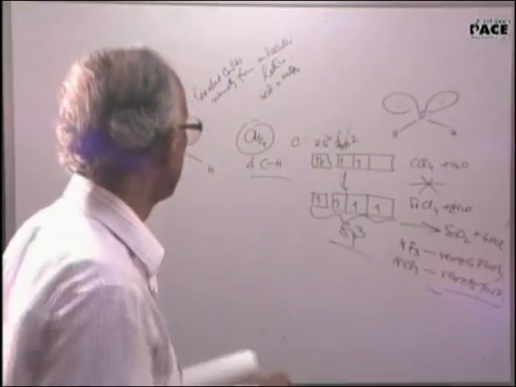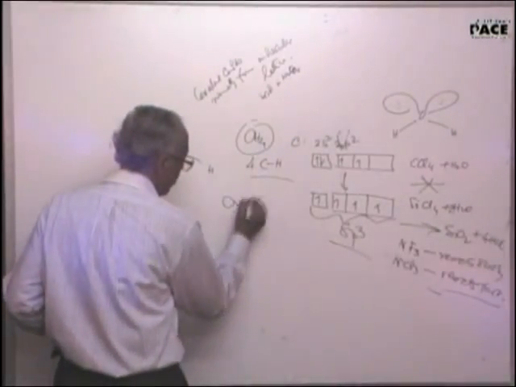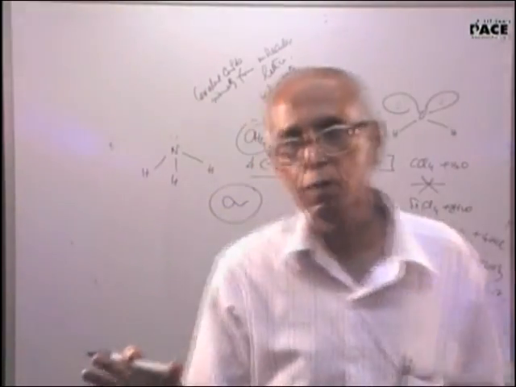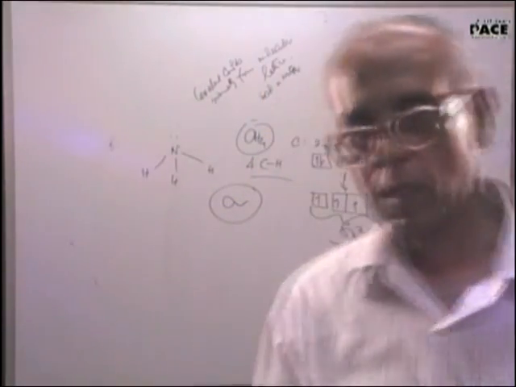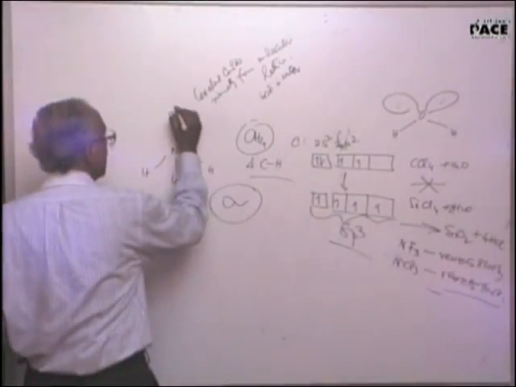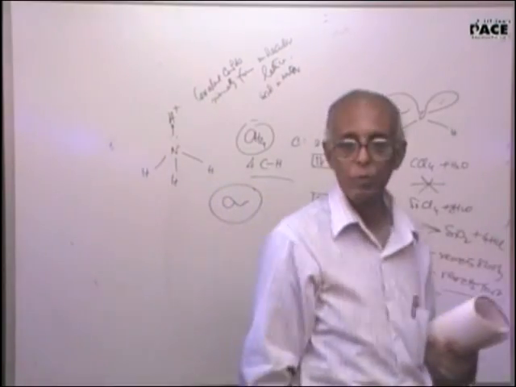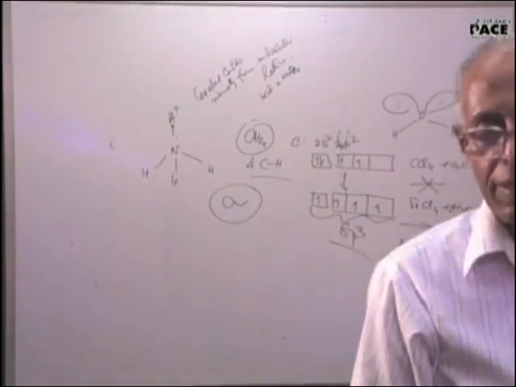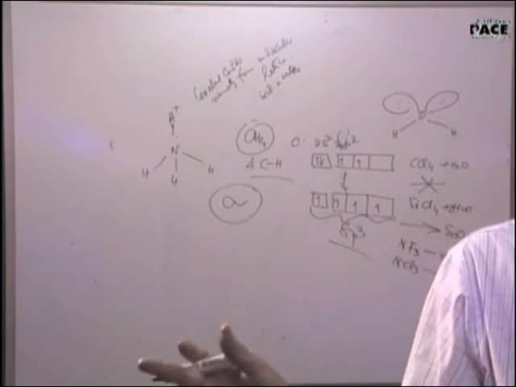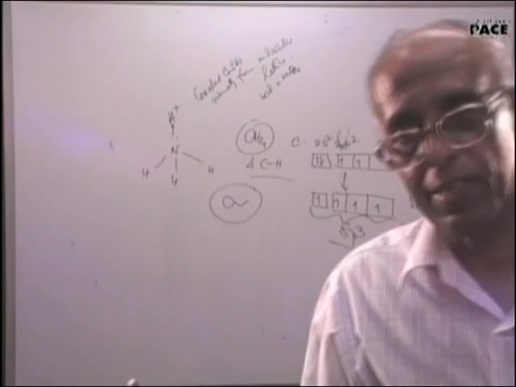A coordinate bond is the same as a sigma bond. You can't distinguish a coordinate bond from a sigma bond. When the proton captures the electron pair from the nitrogen lone pair, this is a coordinate bond, but you can't distinguish which is the coordinate bond and which is a sigma bond, because all N-H bond lengths are identical.